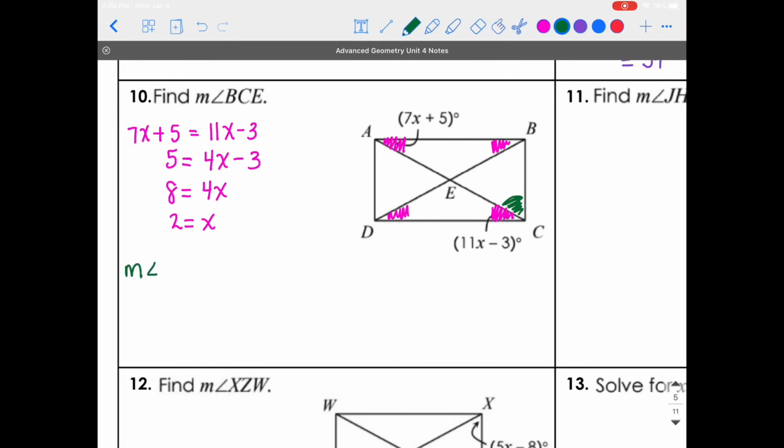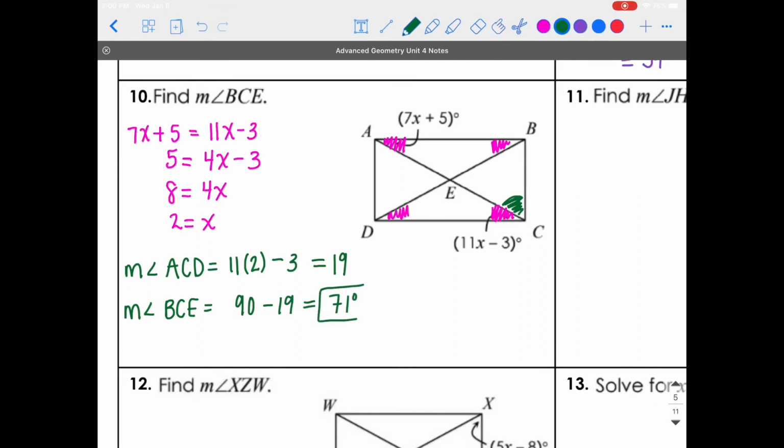So the measure of angle ACD is 11 times 2 minus 3, which is 19. And that means that the measure of angle BCE, I need to take 90 minus 19. And that gives me 71 degrees.